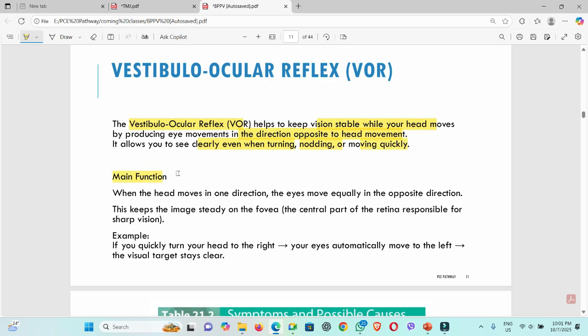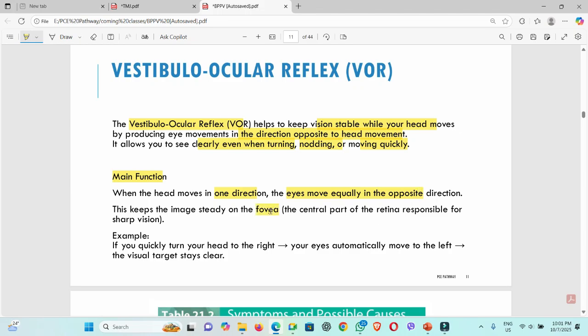What is the main function of VOR? When the head moves in one direction, the eyes move equally in the opposite direction. Open the front camera and look straight into it, then turn your head towards the right, and your eyeballs will move towards the left. That is the vestibulo-ocular reflex.